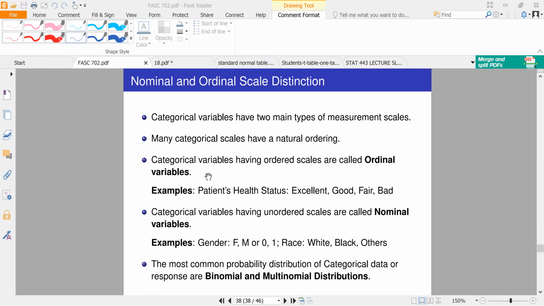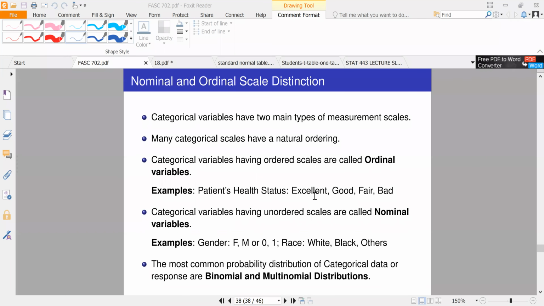Now, for instance, if we are talking about a patient's health status, it can be excellent, good, fair, or bad. What you can do here is assign 1 for the status bad, 2 for fair, 3 for good, and 4 for excellent.